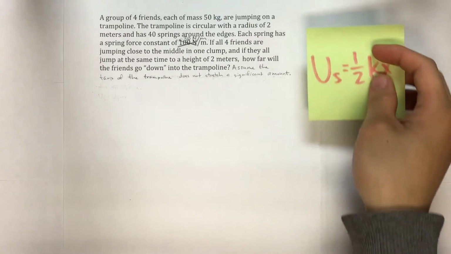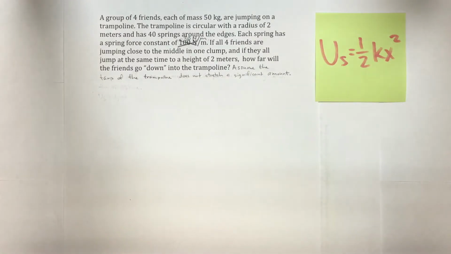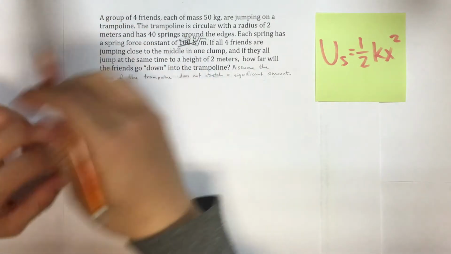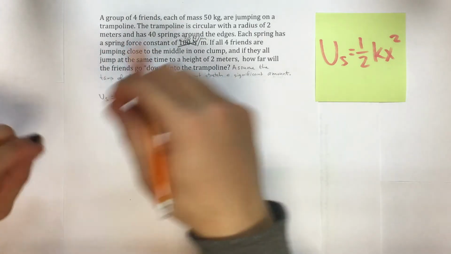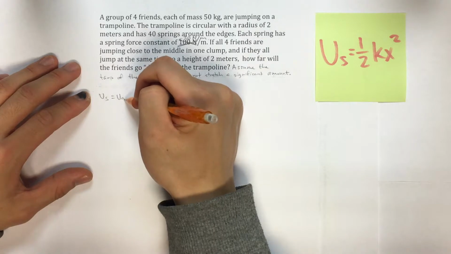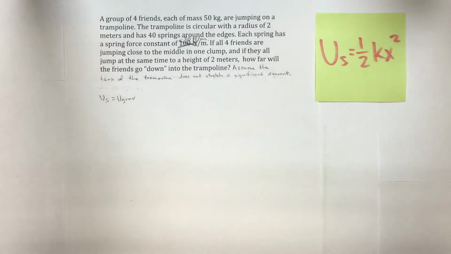In order to solve this problem, we want to use our equation for the elastic potential energy. How we will use this equation is that the potential energy of elasticity when the springs are stretched their highest amount will be equivalent to the gravitational potential energy when the friends are 2 meters in the air.